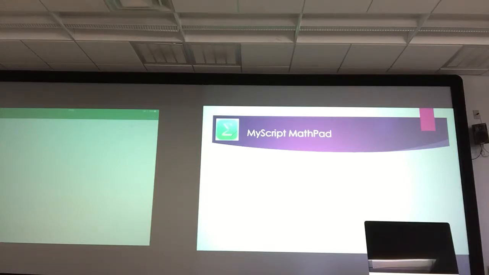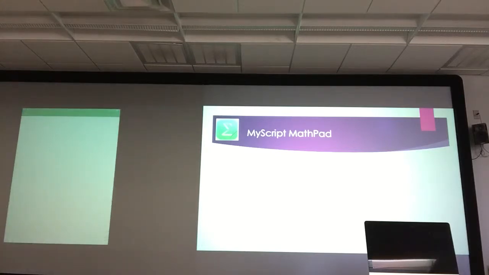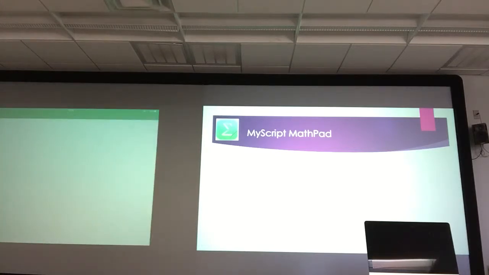What I like about MathPad is it converts your scribble into LaTeX. So it allows me to use my iPad as a whiteboard, and it translates it into nice script. So chapter 2 of my calculus book is all about limits.